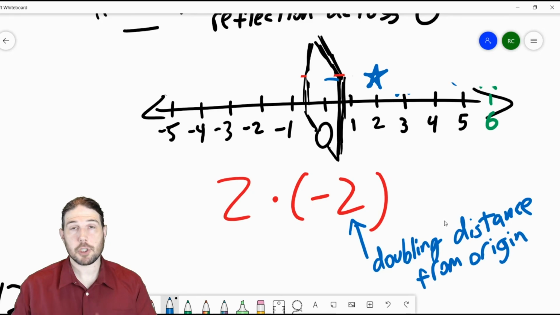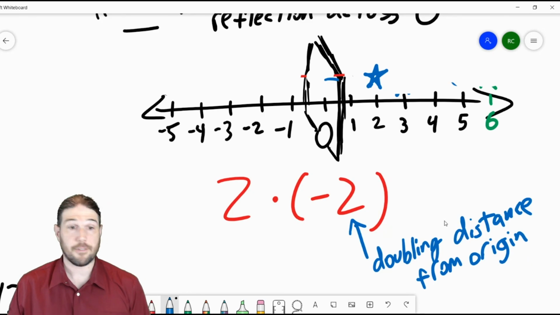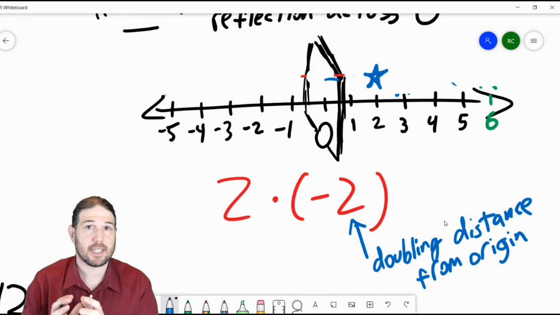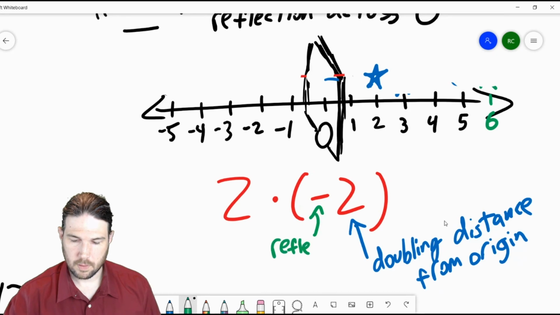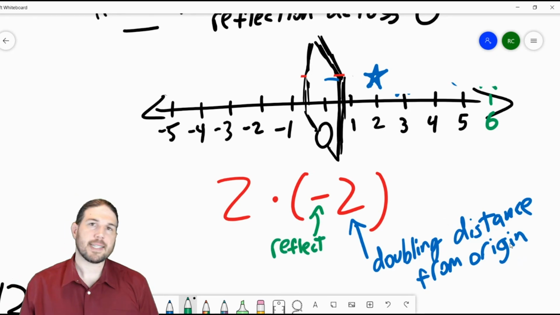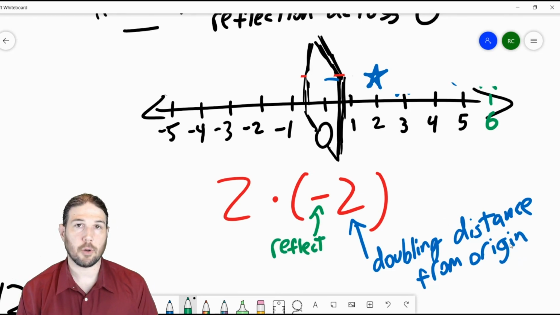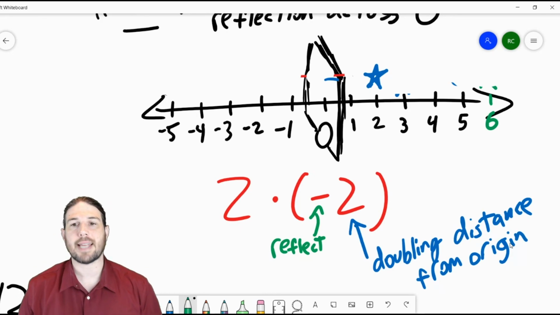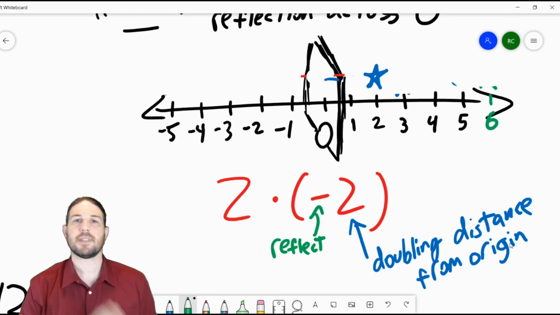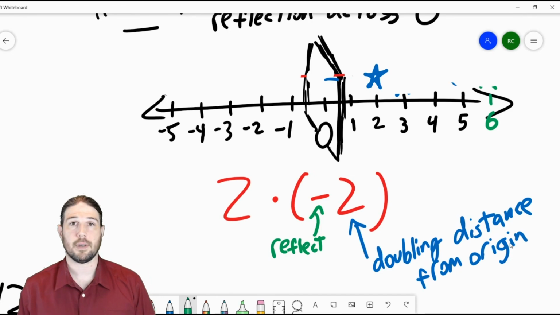Because it's times 2, it's doubling the distance. If it was 3, it would be tripling the distance. If it was 1/2, it would be half the distance. And this negative means we're reflecting into mirror land, or if we're in mirror land, reflecting out into positive land. It's a ticket from positive to negative or negative to positive, right?